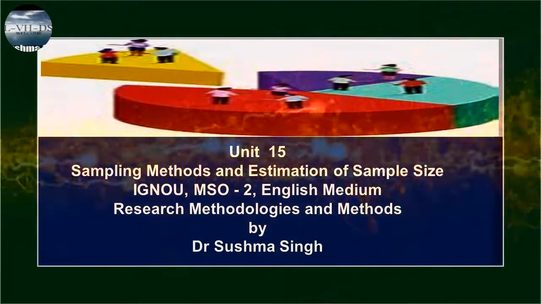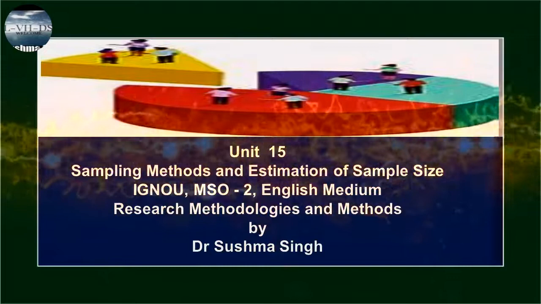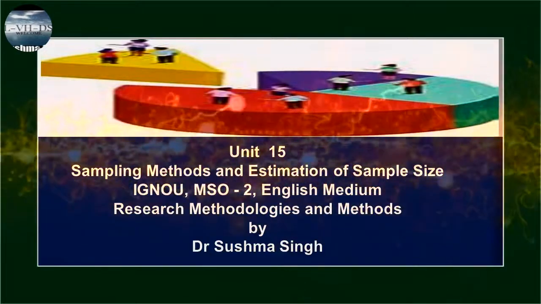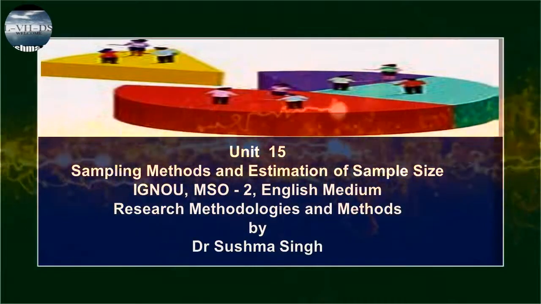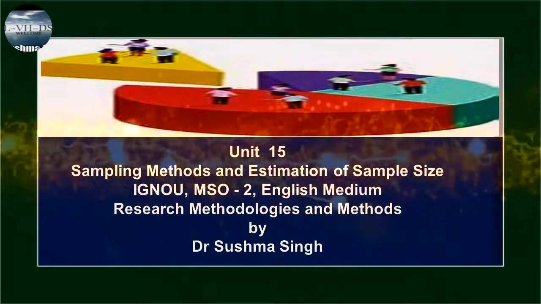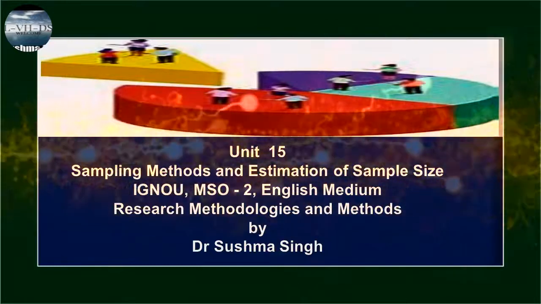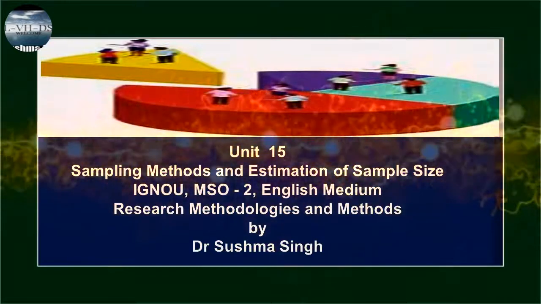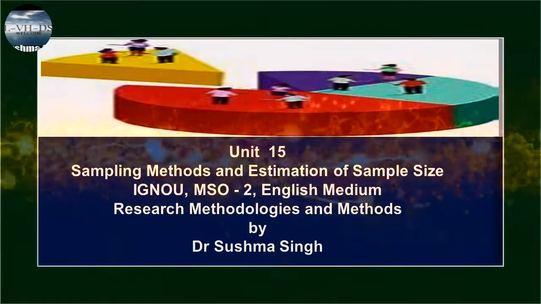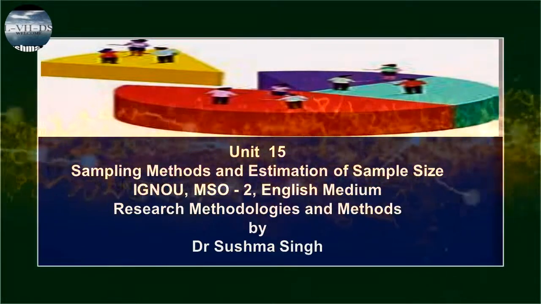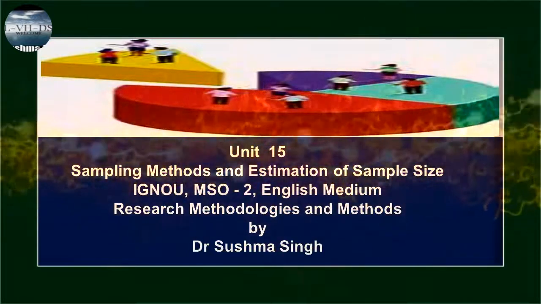The next one is quota sampling. Quota sampling is the non-probability equivalent of stratified sampling. Like stratified sampling, the researcher first identifies the strata and their proportions in the population. Then convenience or judgment sampling is used to select the required number of subjects from each stratum.